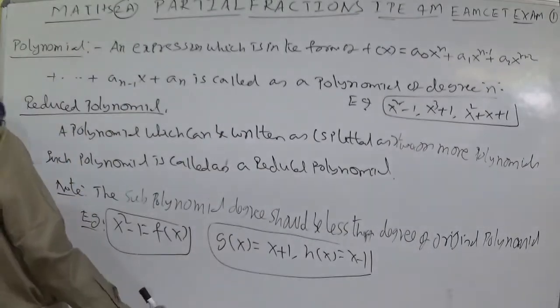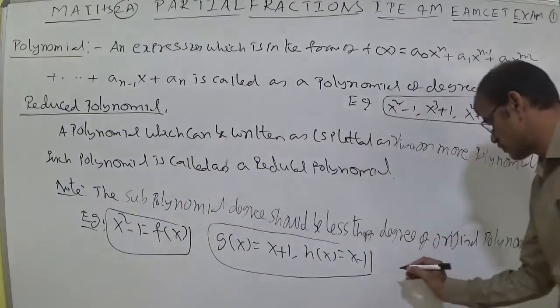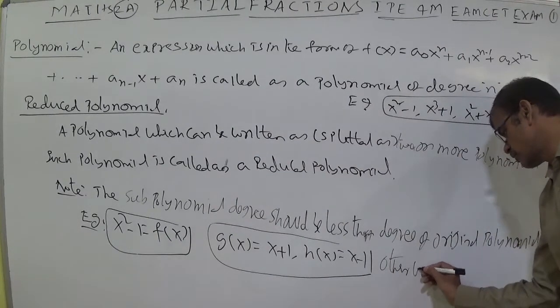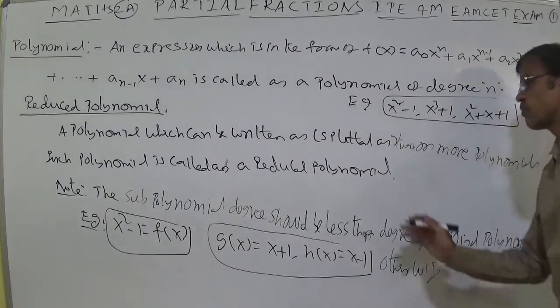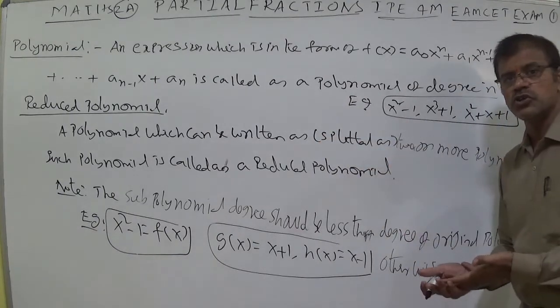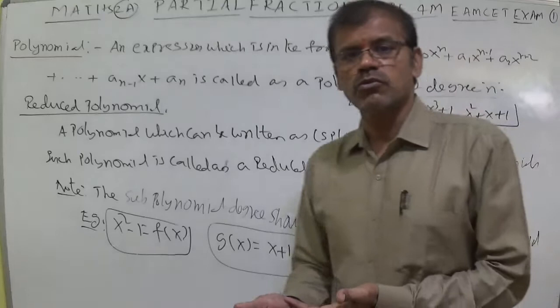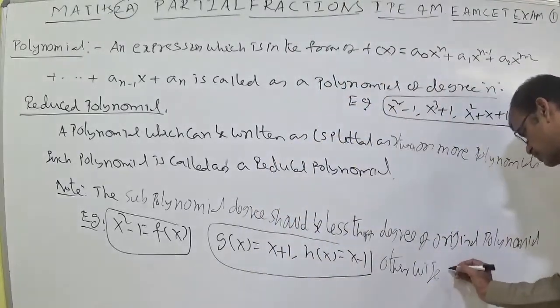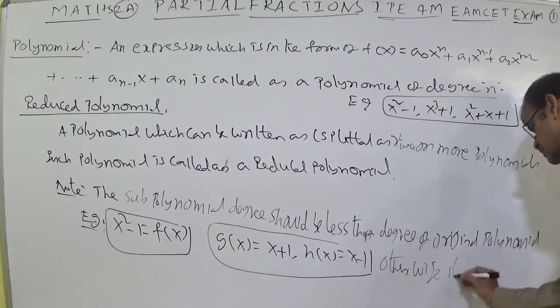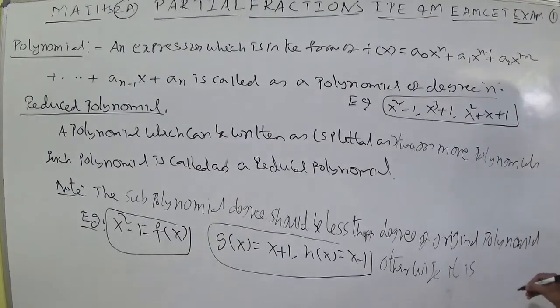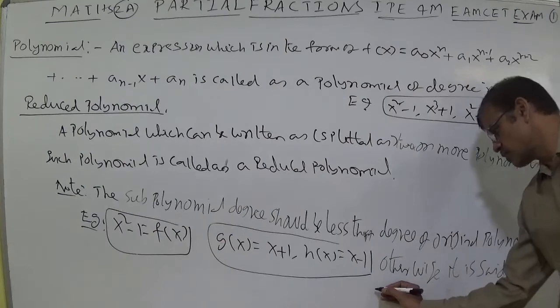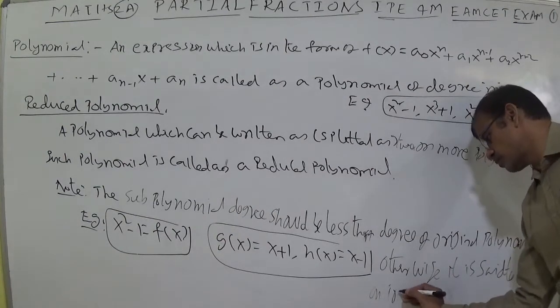So you can write here the definition: otherwise it is said to be an irreducible polynomial.